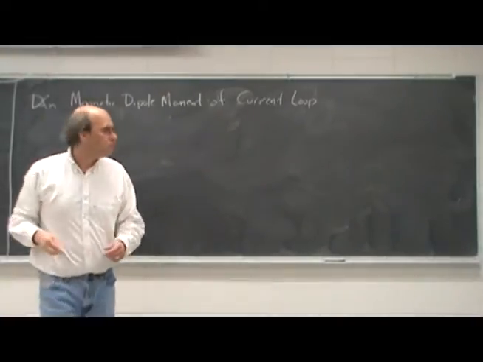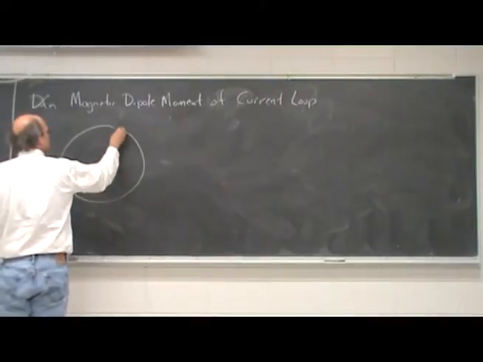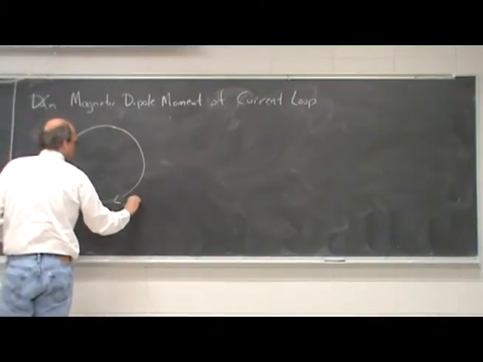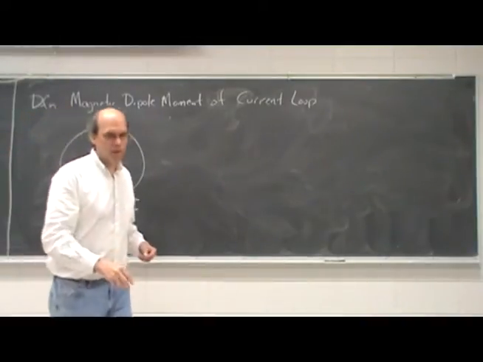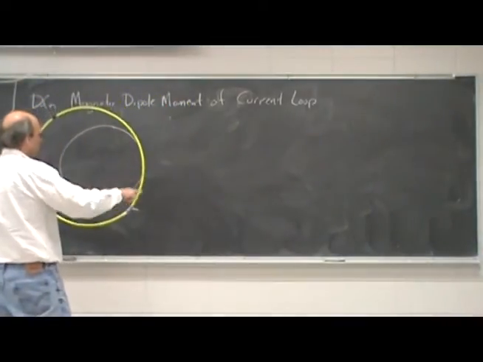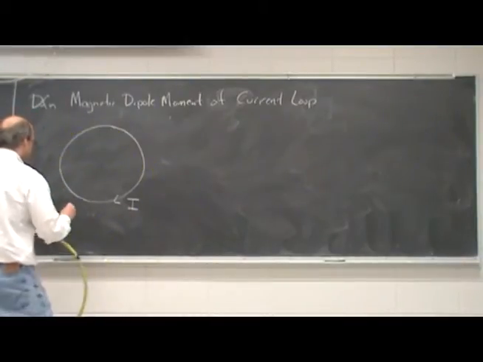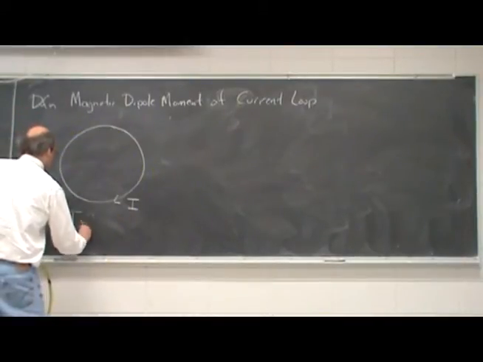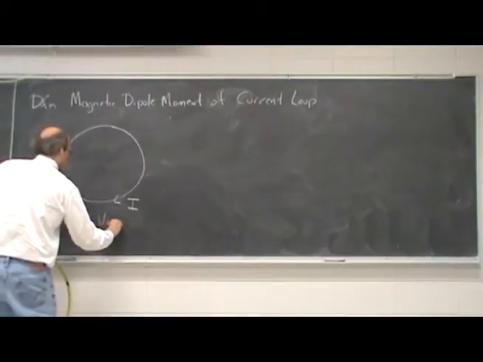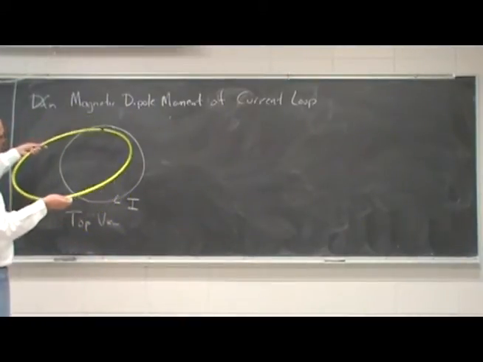So I brought a current loop. So here is a loop of current. That's meant to be a current I flowing in my hula hoop like this. So we'll call this a top view. Now I'm going to also tip the hula hoop like this.